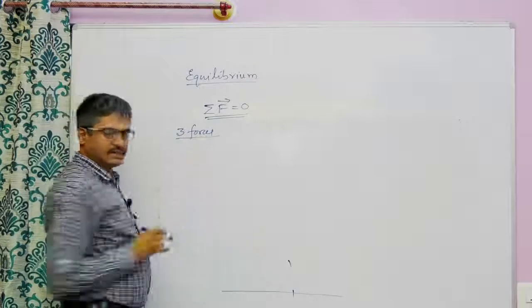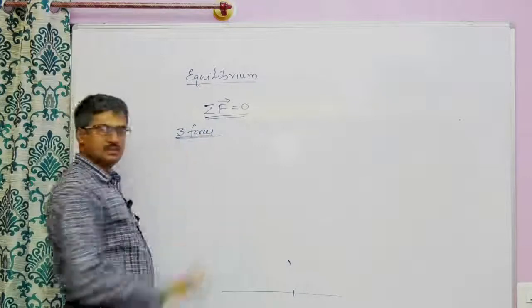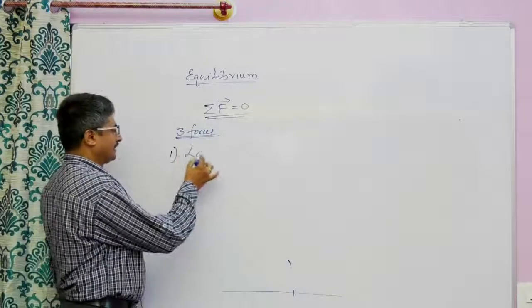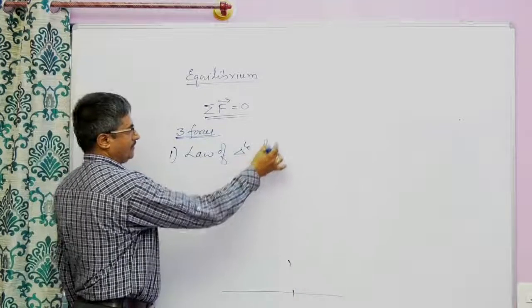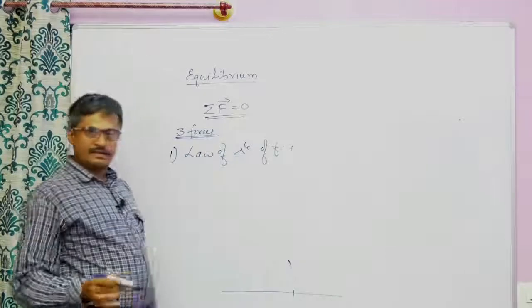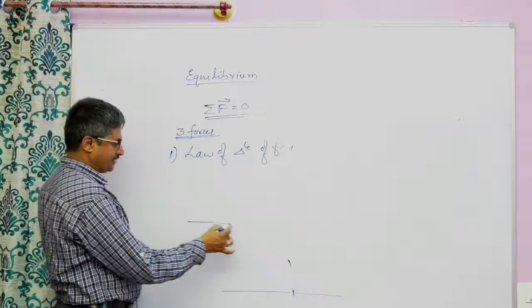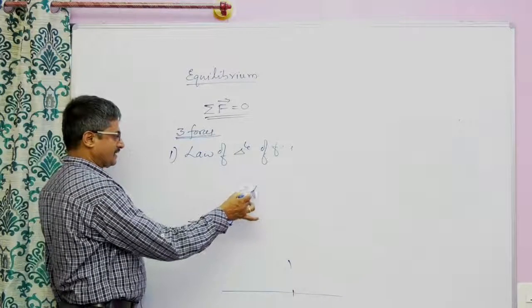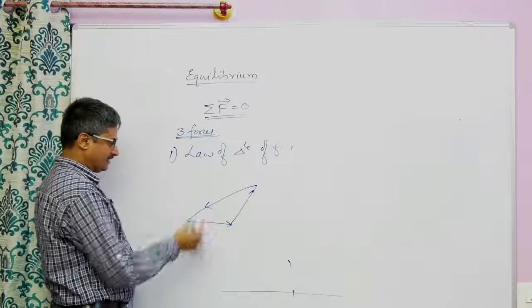If three forces are in equilibrium, we have two laws of equilibrium of three forces. The first one is the law of triangle of forces. It states that if three forces acting at a point are represented by the three sides of a triangle taken in order, then they are in equilibrium.